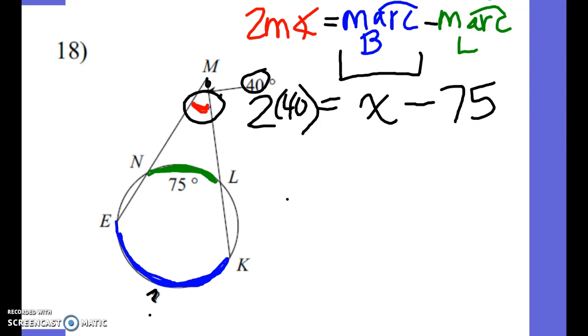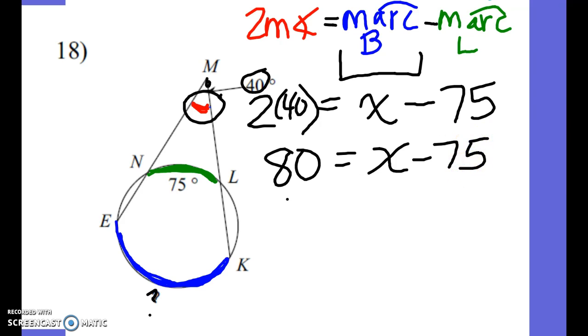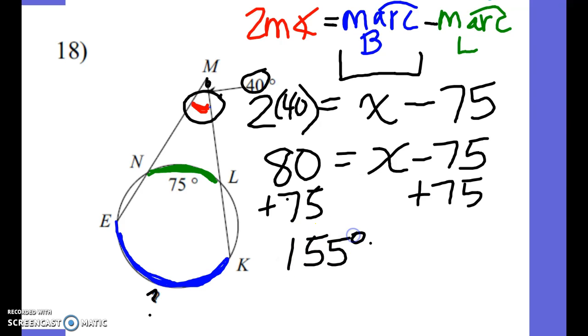All right, 2 times 40, well, that's 80, is equal to x minus 75. So I'm subtracting 75, I'm going to do the opposite operation, which is addition. So I'm going to add 75 to both sides. And when I do that, I'm going to get 155 degrees as my answer.